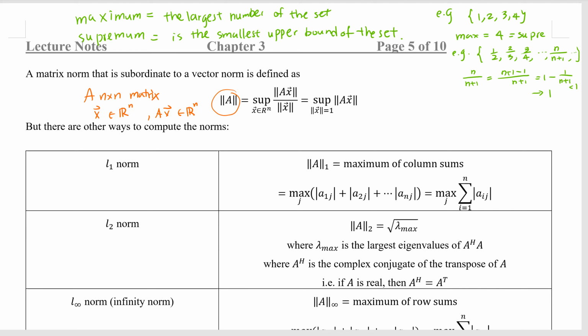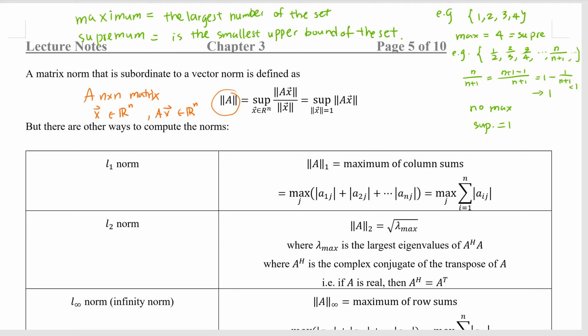So in this case, you can see we don't have a maximum because we don't have a largest number in this set. This number is increasing all the time. So we don't have a maximum, but we do have a supremum. The supremum is 1.